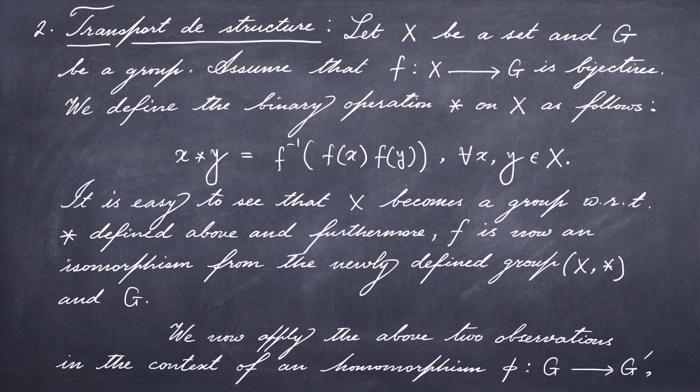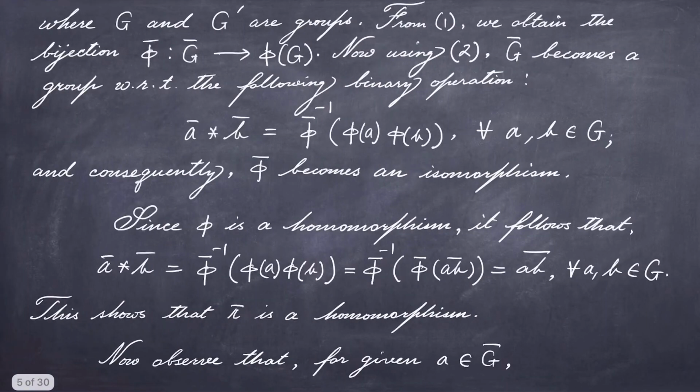the context of a homomorphism phi from a group G to a group G prime. Okay, so first we will apply the first observation. That yields us a map phi bar from G bar to the image of phi. Note that here phi bar is obtained just treating phi as a map between two sets G and G prime.